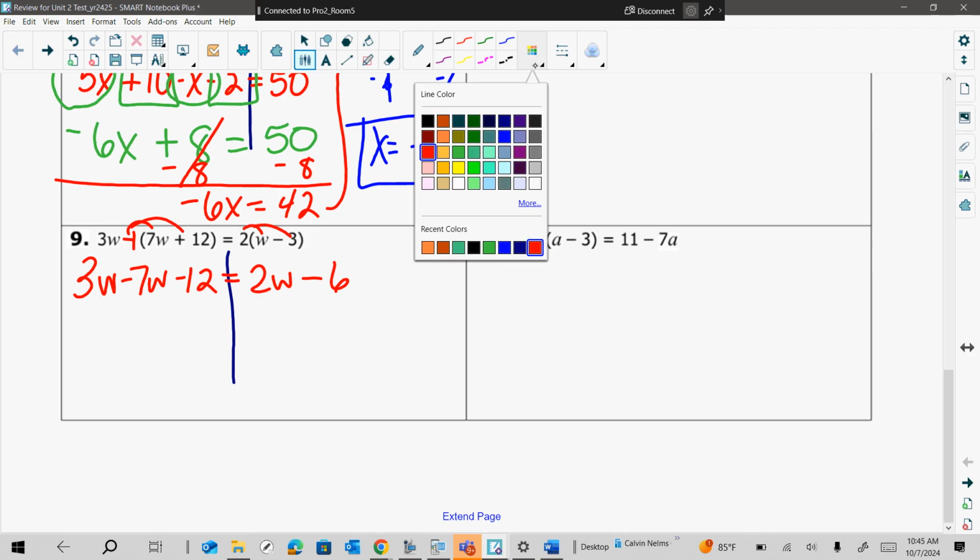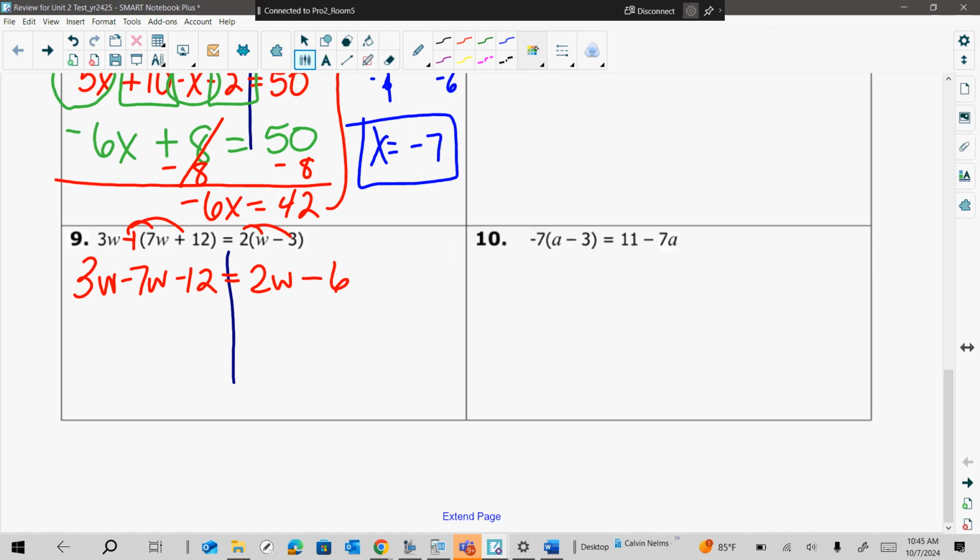All right, now what should we do? What are the like terms? The 3w and the minus 7w. All right, if I combine those, you're left with a negative 4w minus 12 equals 2w minus 6.